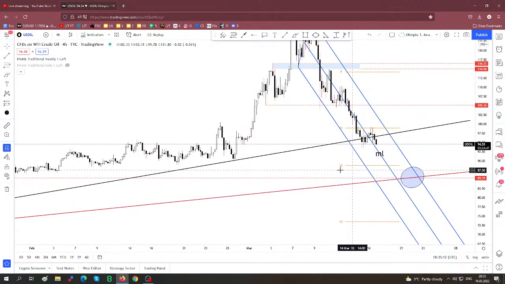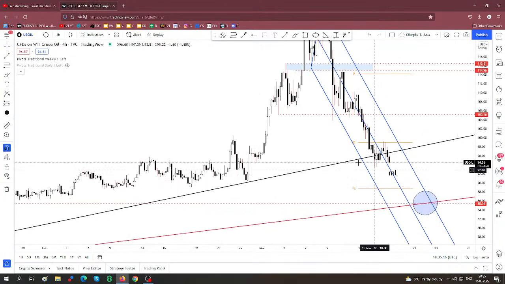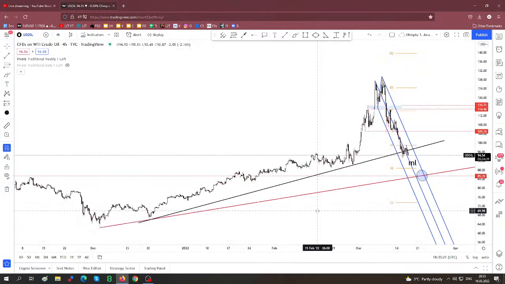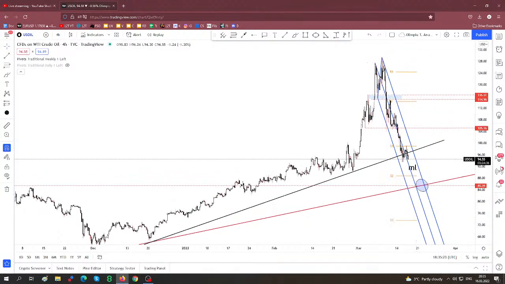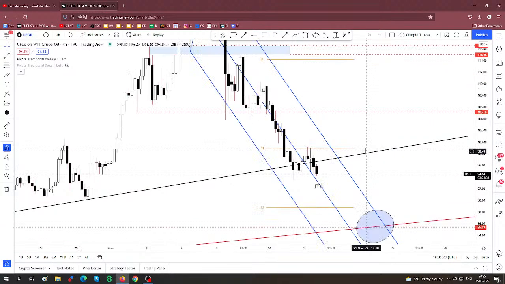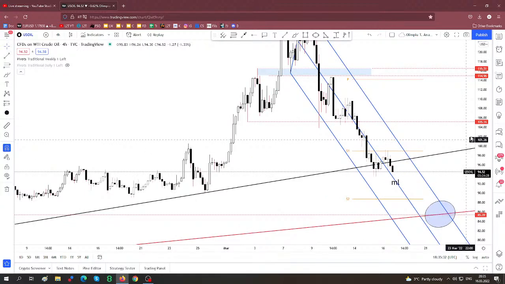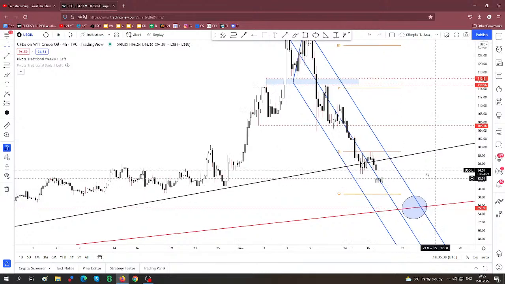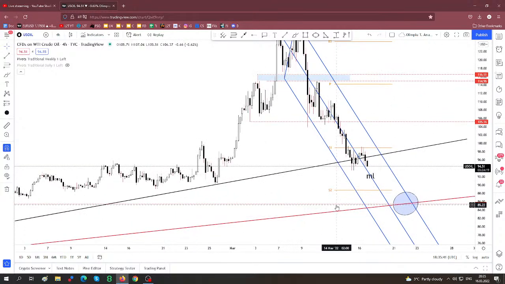Yeah, so we have this uptrend line, and I've said, guys, that a valid breakdown below it, and also staying below the S1, and also staying within the descending pitchfork body, could activate and could signal a potential deeper drop, maybe towards 85.39, towards this uptrend line. Yeah, so right now the bias is still bearish, the pressure is still high, and a new lower low could signal a potential deeper drop here in US oil.